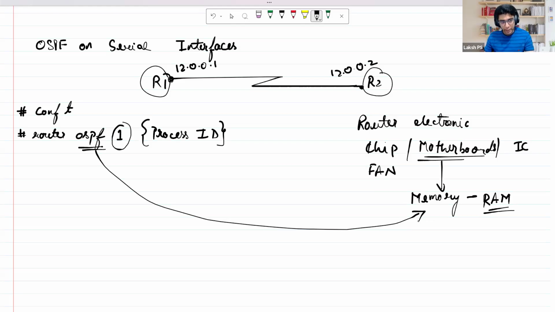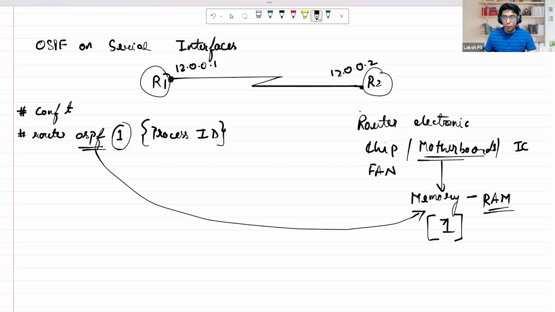Inside your memory, you need to create some space for OSPF and give that space an ID of 1. This is what router OSPF 1 means. I am telling the router I'm enabling OSPF inside you with a process ID of 1. So if I have to search for OSPF, I can search using the process ID in the memory as well.